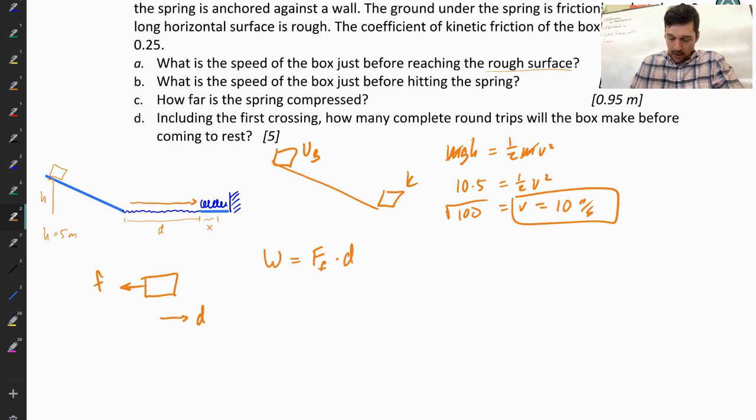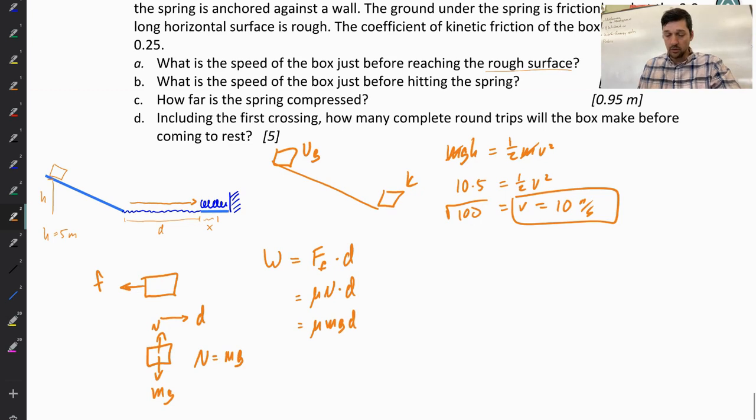The friction force is going to be mu times the normal force, times distance. And because this is a horizontal surface, mg down and normal force up, normal force will equal mg. So we can say that the work done is going to be mu mgd.